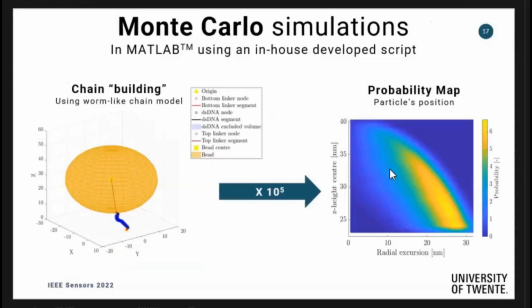If we repeat this over and over, we end up with a probability map. Some states are just not possible because the particle clashes with the chain or with the surface, and we discard these. We end up with a probability map, which is just the likelihood of the particle to be at a certain position over time.